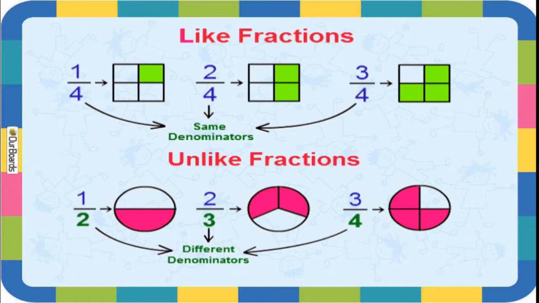Means in the first one the circle is divided into 2 equal parts. In the second one the circle is divided into 3 equal parts. And in the third picture the circle is divided into 4 equal parts. Got this, students? So the denominators are different. So these are called unlike fractions.